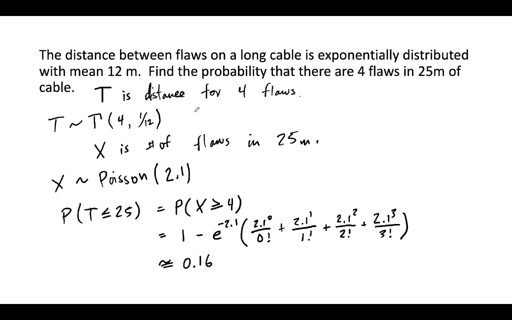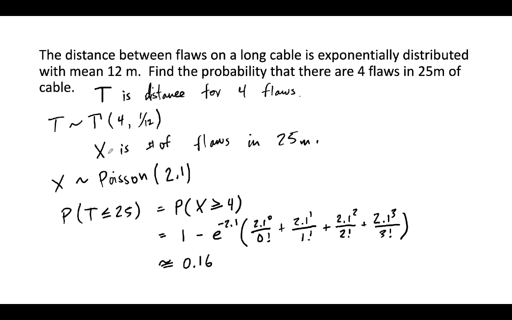Okay, so we're going to pick up here from the last video, and we have the whole situation summed up here. So we made a random variable to measure the distance it takes for 4 flaws, and that is a gamma distribution because it's multiple events in a fixed time interval or average rate lambda.